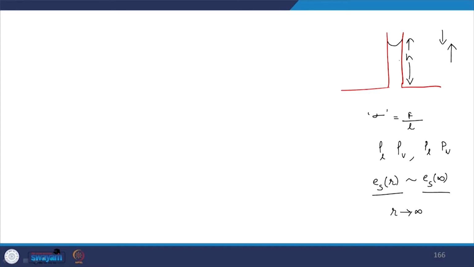Now, the volume of the column of water is pi r square h, and so the weight is pi r square h (rho L minus rho V) g, where g is the acceleration due to gravity. This is the weight of the water less the weight of the water vapor it displaces.